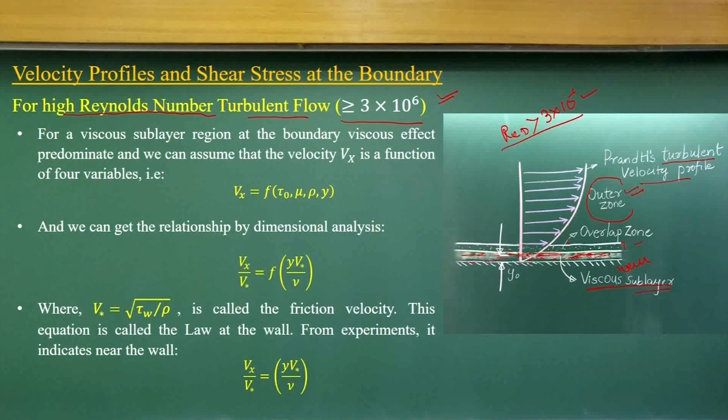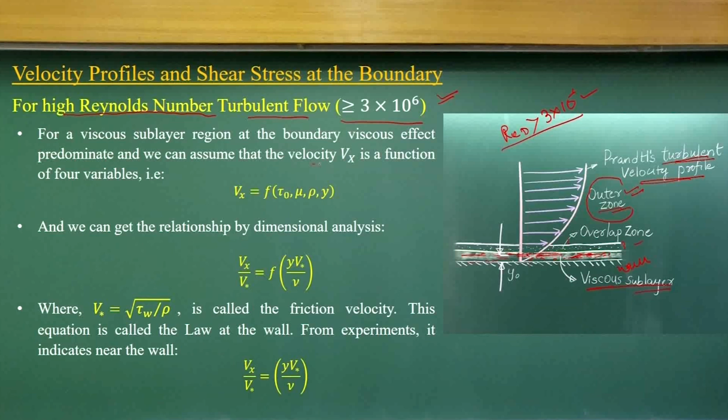But as you go far away from the wall, you have a turbulent velocity profile zone, and it is experimentally established that the regions change as we move away from the wall.